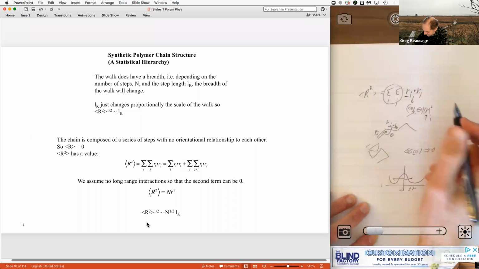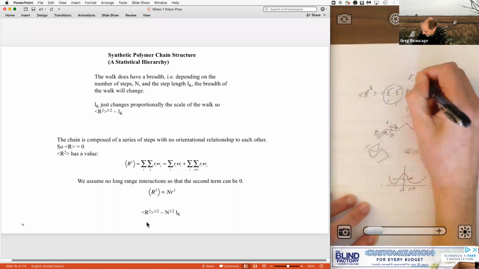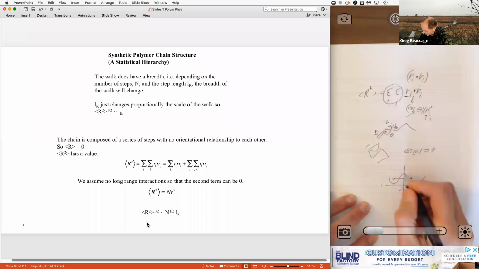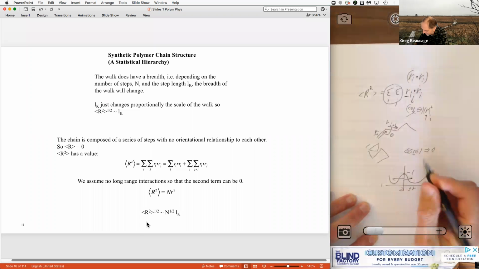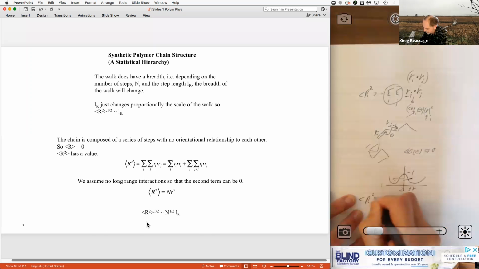It's random for every case except when Ri dot Ri. In that case, the cosine of 0 is 1. So I can separate this, and I have this average R squared.